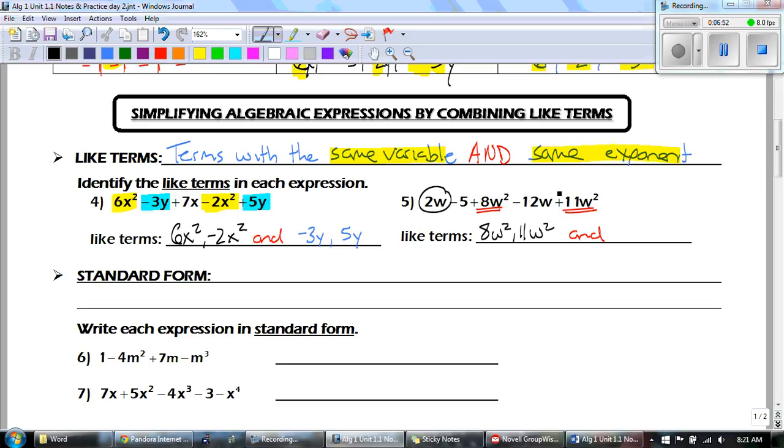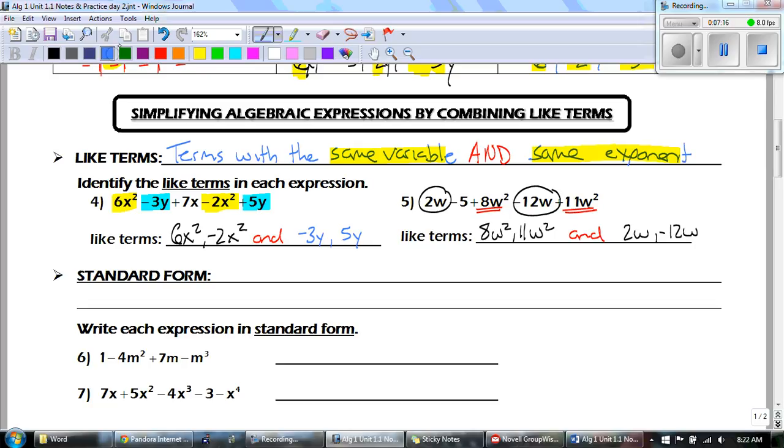The 2w and the negative 12w. You can do different shapes around them, and that works too. It's very important that you can identify these right away. It's got to be the same variable and the same exponent.